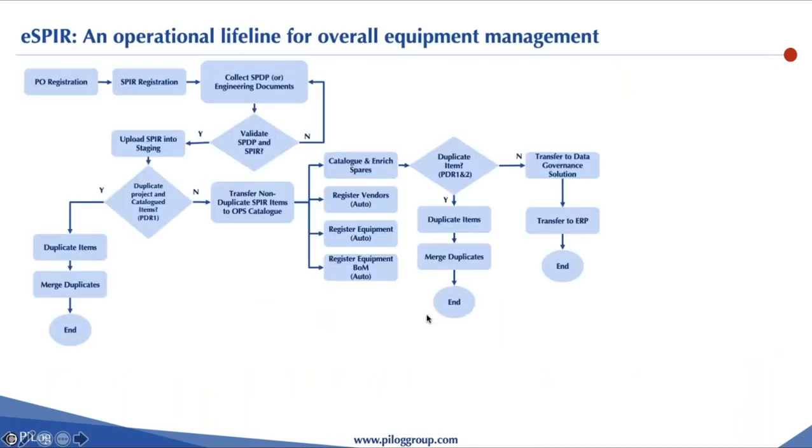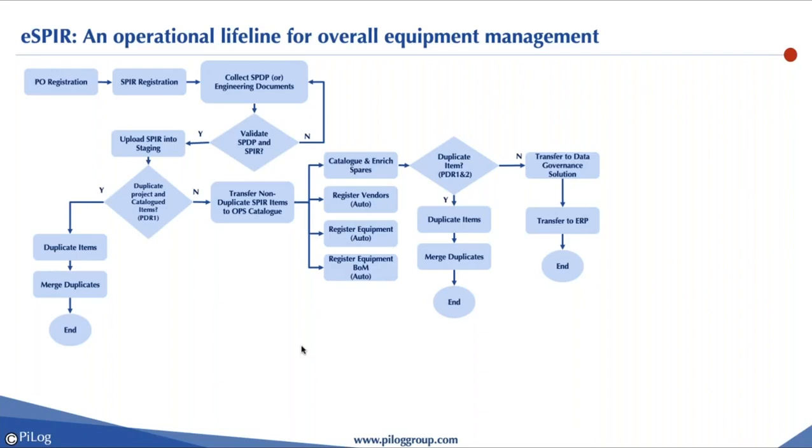Now let's look at this. This is a general flow wherein a PO registration happens, which is the purchase order registration, and then SPIR registration. How do we collect it? Our whole objective here is that whenever we are onboarding new spare parts, we have to make sure that we do not create multiple, redundant, or duplicate records.